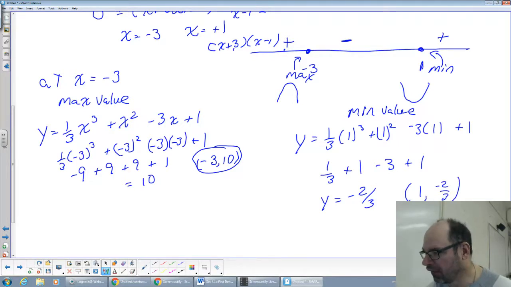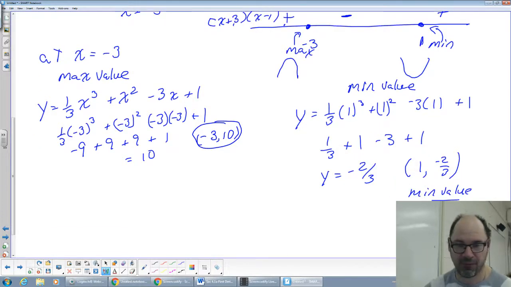A min value. And that's how we find maximums and minimums, basically. Pretty straightforward. So let's do one more here, and then we'll give you some practice. Let's do a simple one, maybe one that doesn't give you a quadratic.